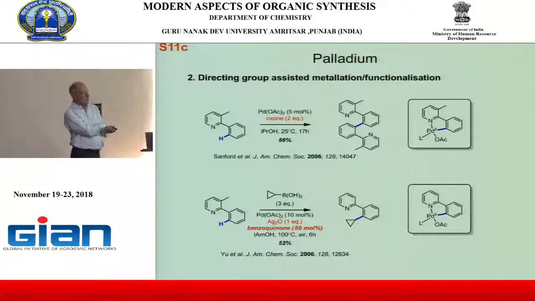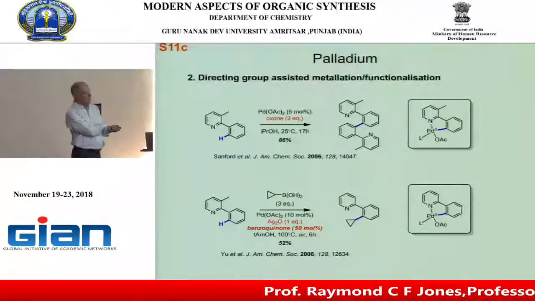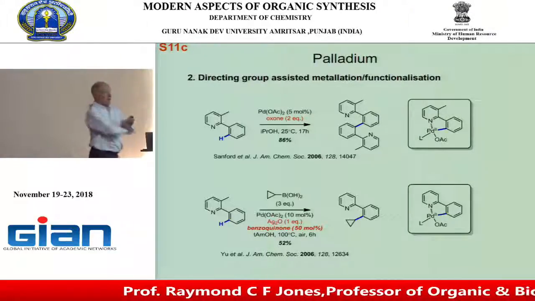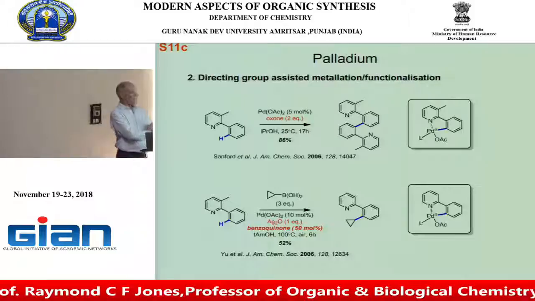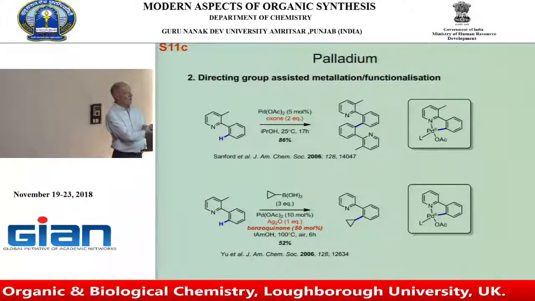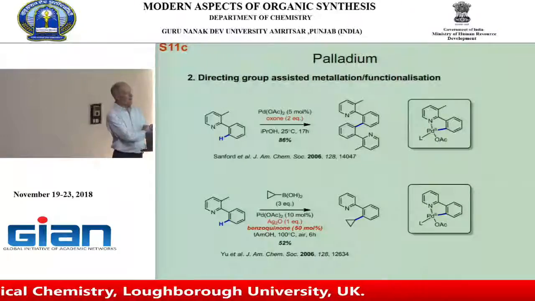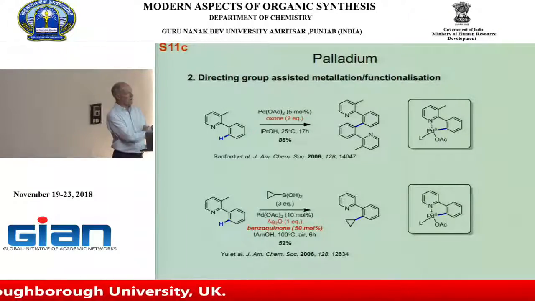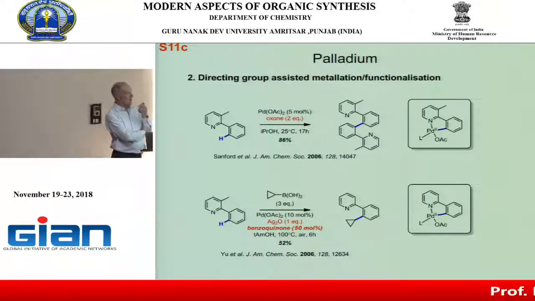Once you've got your organopalladium here, then the rest of the sequence will look like the Suzuki coupling. You'll exchange this cyclopropyl unit onto the palladium, and then you'll get a reductive elimination to join the palladium and the benzene ring.